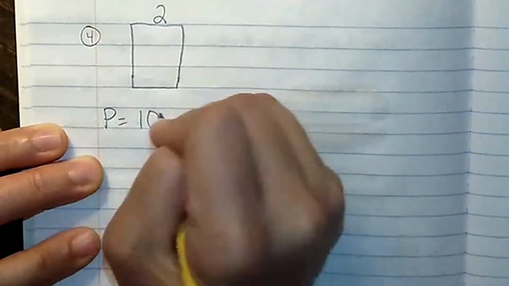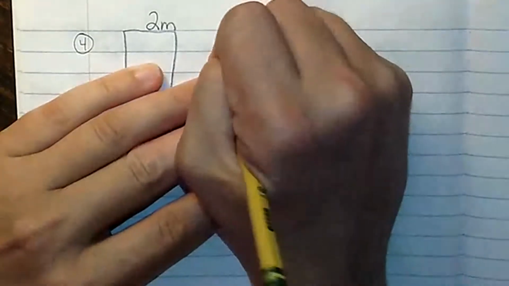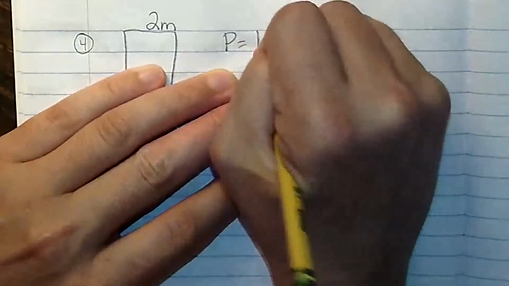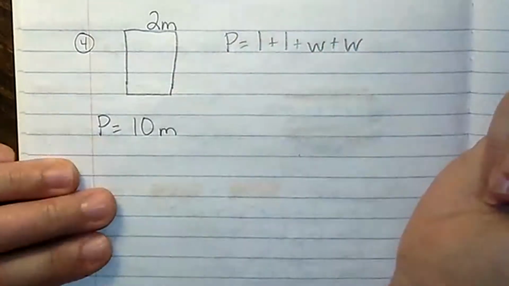I'm going to tell you the top is 2, and I'm going to tell you the whole perimeter equals 10 meters. Remember, whatever unit they use is what you use. Now, as soon as I hear the word perimeter, I know I'm going to need to use that formula, so I'm just going to write it down. Perimeter equals length plus width plus width.